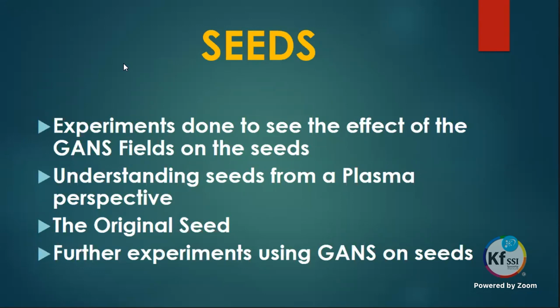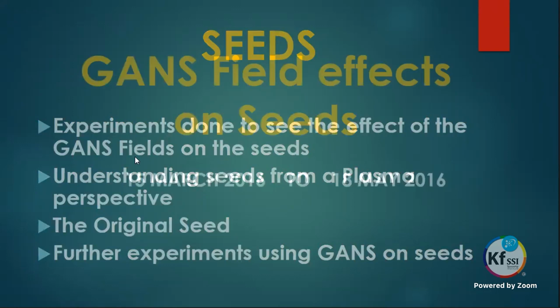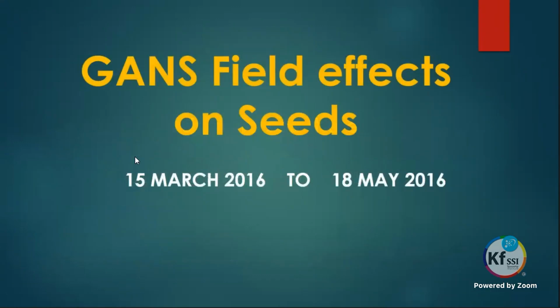So one of the experiments that we had done was to look at the effects the fields from the different GANSes would have on the seeds. And so I will be going through what we had done as an experiment to determine the outcome.